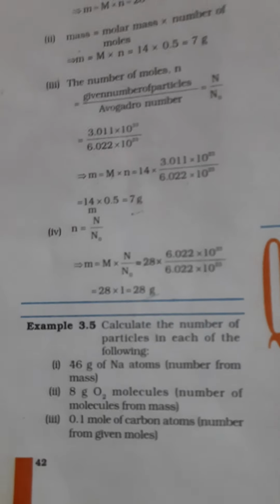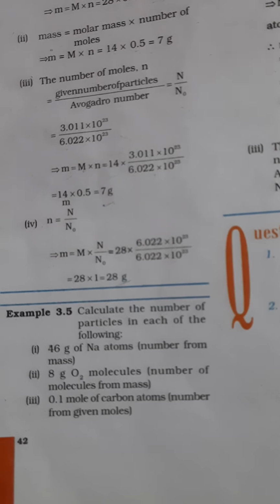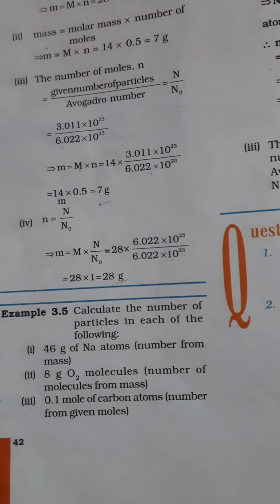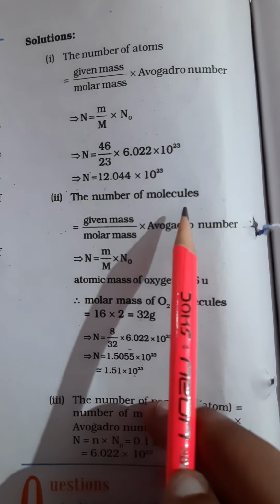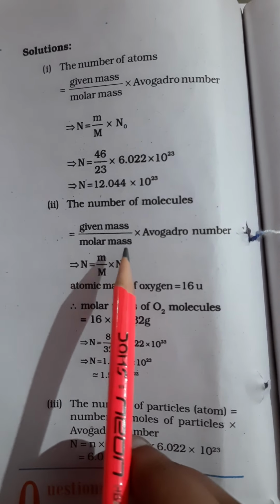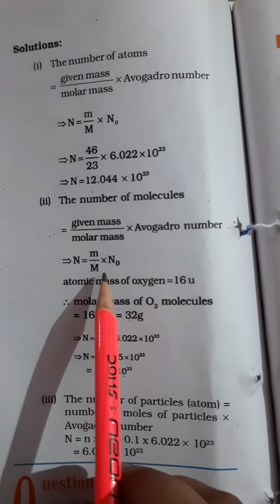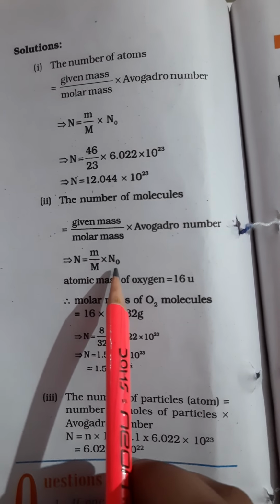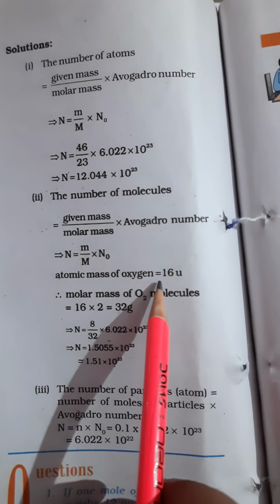Now the next part of this question is 8 gram of oxygen molecules, number of molecules from mass. So here is the solution, the number of molecules, that is given mass upon molar mass into Avogadro number, N is equal to m upon M into N naught. Atomic mass of oxygen will be 16 u.